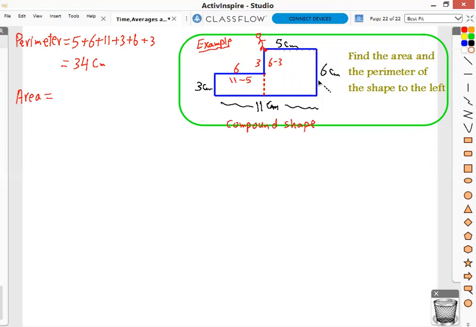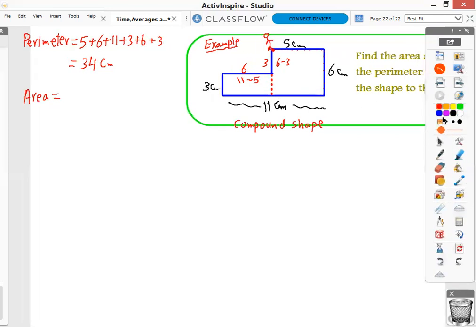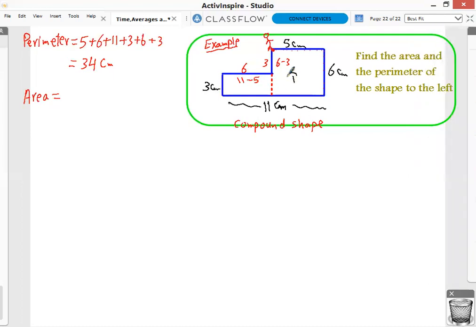Then we have here 2 shapes. We can name them. Here is shape 1 and we have shape 2. Okay. Then about shape 1, it's like a rectangle.